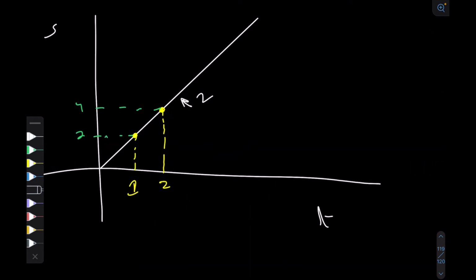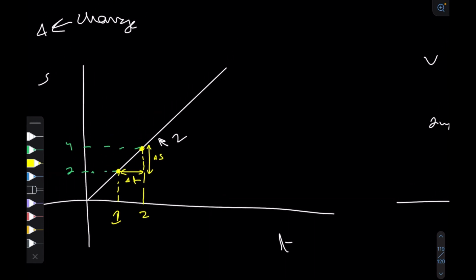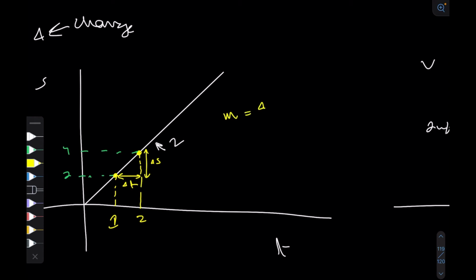If I take this 1 to 2 region, since this is a straight line, I can say that for this much change in time, the corresponding change in displacement was this much. So gradient would be the change in displacement over the change in time, which in this case would be 4 minus 2 over 2 minus 1.